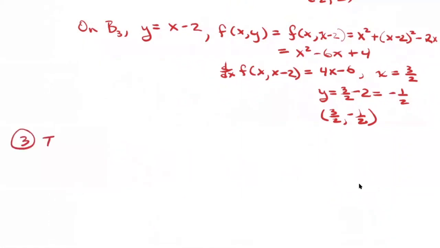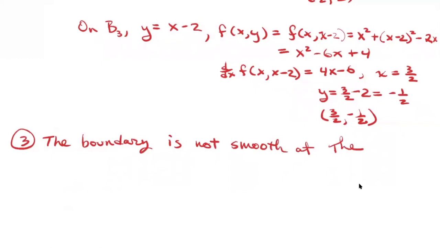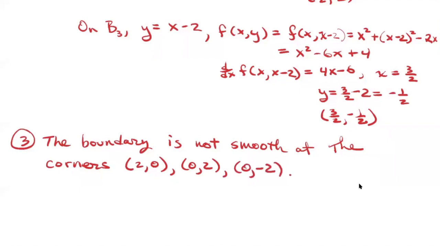So the boundary is not smooth at the corners. So those were 2, 0, 0, 2, and 0, -2. Okay, that was easy.